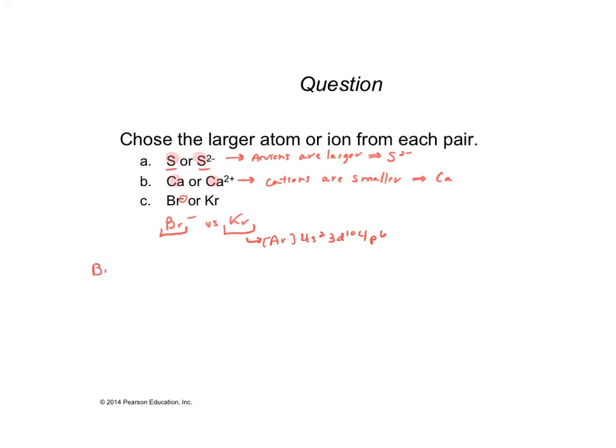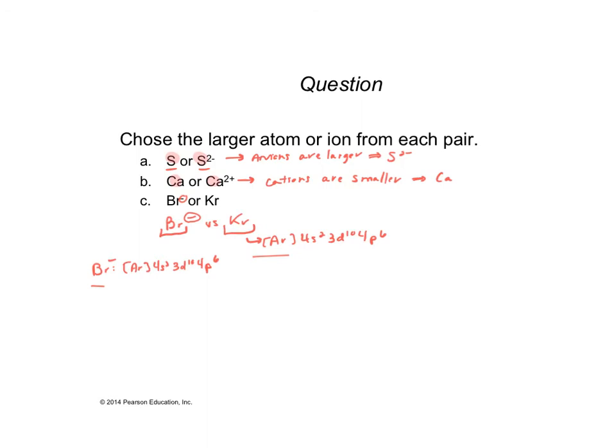For bromine, in the neutral form, it would be argon 4s2 3d10 4p5, right? But if we have gained an electron, which is what has happened with respect to bromine, then that is going to make this 4p6, right? So both of these, bromine 1 minus and krypton, have the exact same electron configuration.